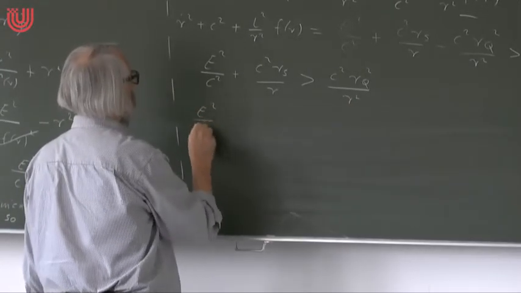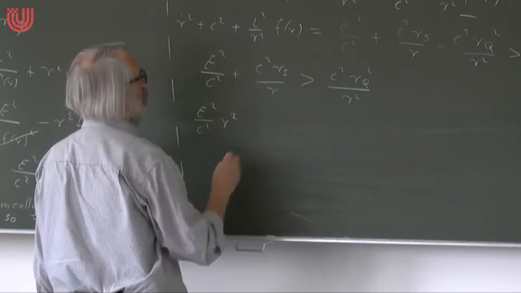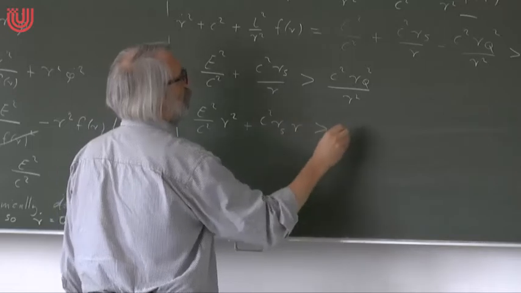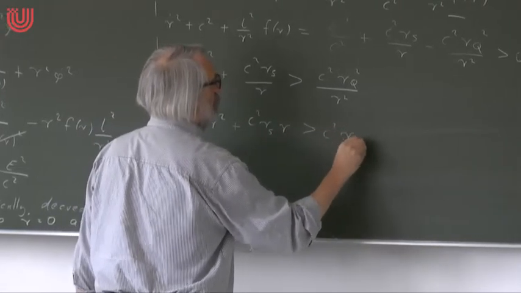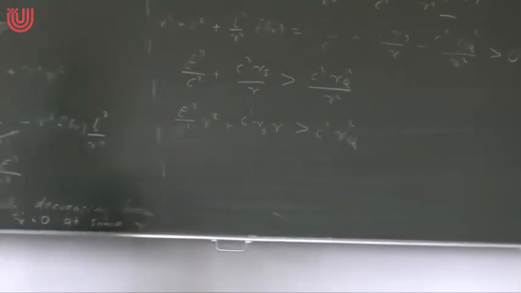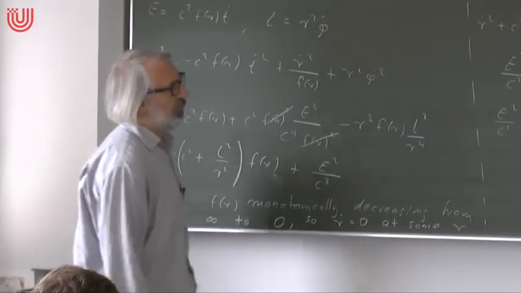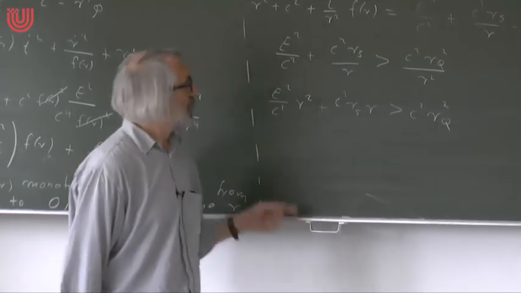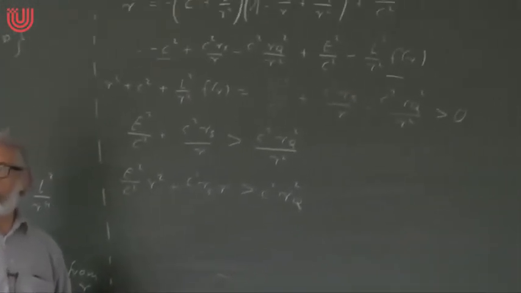So I have E squared over C squared times R squared plus C squared Rs R must be bigger than C squared RQ squared. And now let's look. This clearly says that the particle can never reach R equals 0. Why is that? Let's assume the particle does approach R equals 0.